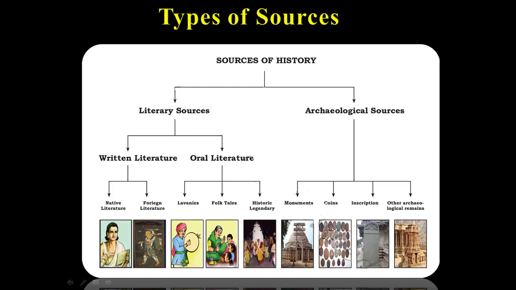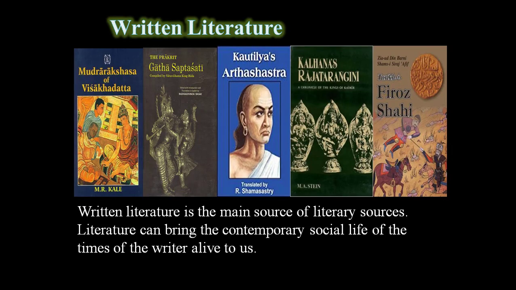In this video, we are going to get what literary sources are and the types of literary sources. Literary sources are generally classified into written literature and oral literature. Among that, the first one is written literature.